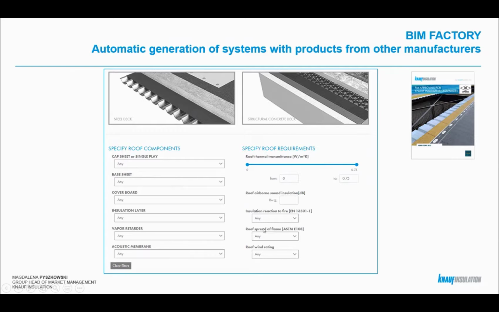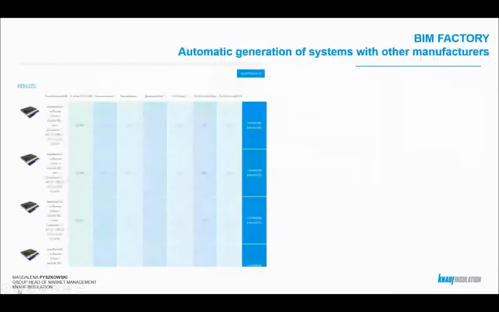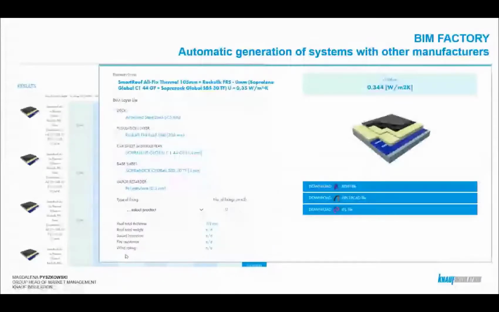So you have the possibility to choose the U-value of the roof, and also some filters regarding product properties. By the end you get systems that are validated by ourselves, and you can download the files in IFC format, or, for those who prefer Revit or Archicad, in those formats, for free, so in two formats and one standard, IFC.